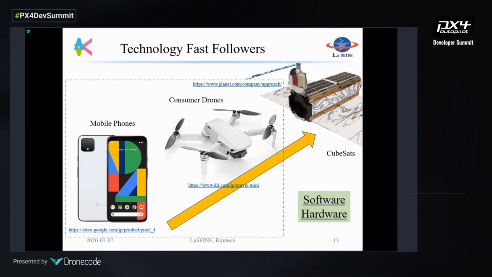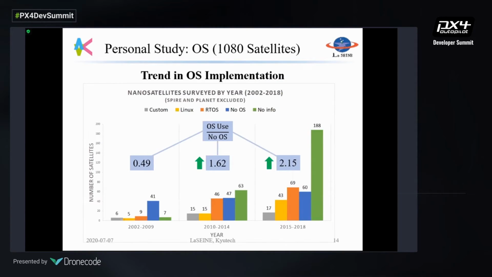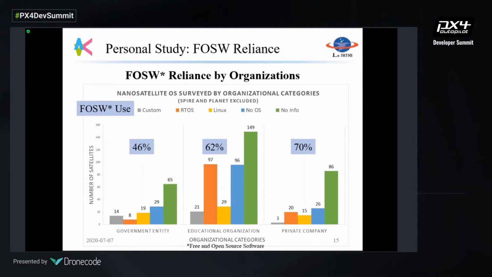Let's look at operating systems for satellites. What I've seen through my personal study is that the use of operating systems is increasing year by year. So in the future, we'll have more implementation of operating systems.